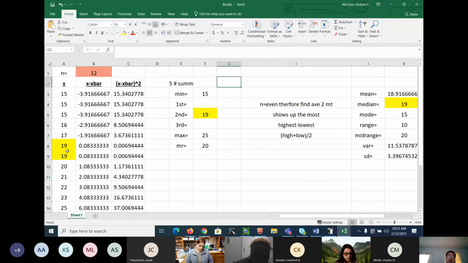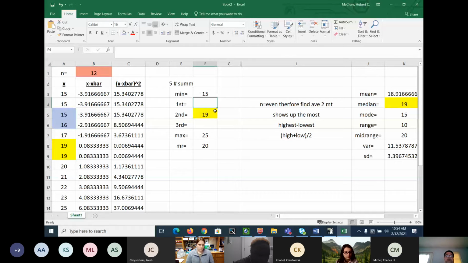So I've got to count the numbers above and below. How many numbers do we have above that white cross right there between the 19s? Got 1, 2, 3, 4, 5, 6. Even or odd? Even. So we got to take the middle two terms and do what? Add them up and divide them by 2.